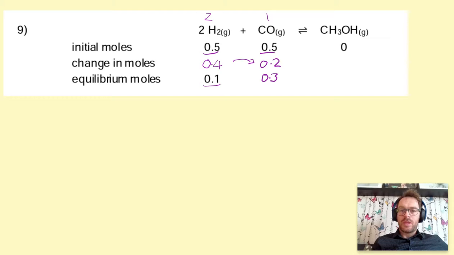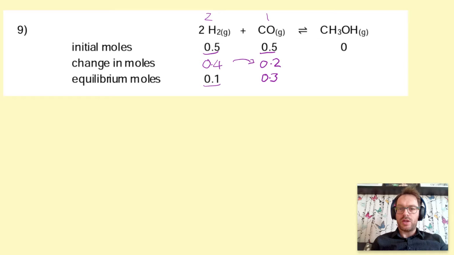Next step is to figure out how much methanol we must have made. Now, if we've used 0.2 moles of carbon monoxide, that should increase our moles of methanol by 0.2 as well, because they're 1-to-1 in their ratio.